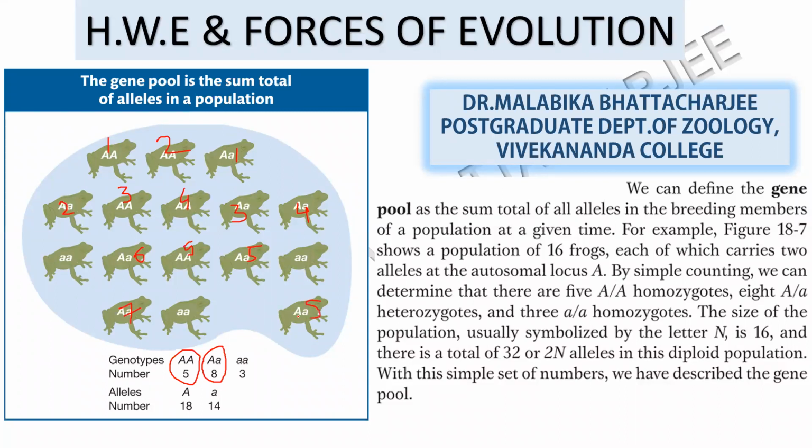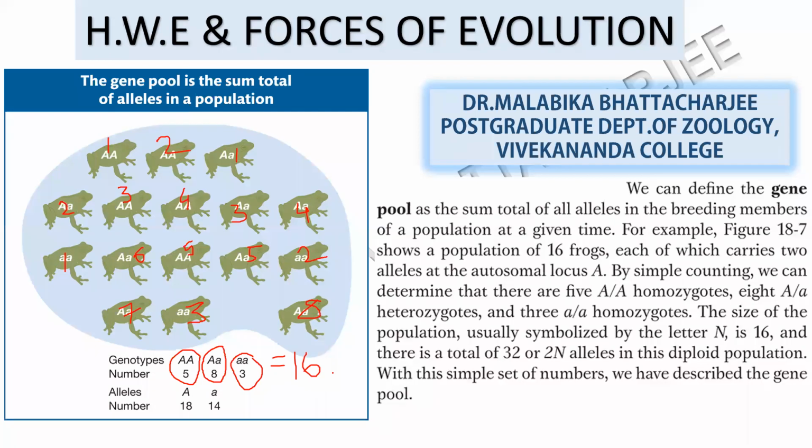So there are 8 frogs which are heterozygotes. And finally, we have small a, 3 individuals which are homozygote recessive: 1, 2, 3. So in total, we have 16 individuals, as you can see.